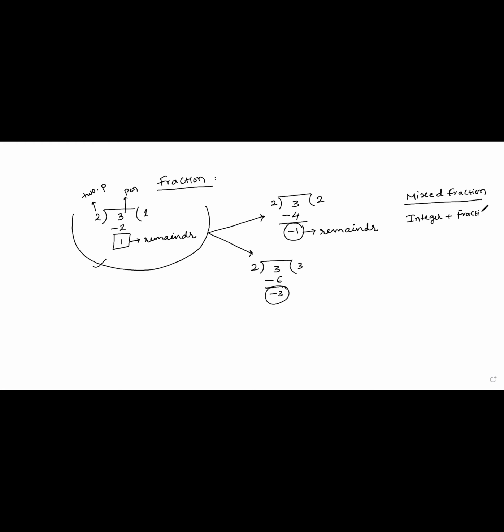So that is called a mixed fraction. Observe carefully: 1 is the quotient, 1 is the remainder, and 2 is the number of people. So 1 by 2, this is called a mixed fraction. So we can write this as 1 plus 1 by 2. Okay, it is clear.